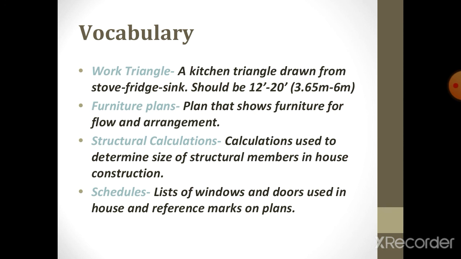Furniture plans: paano ka mag-arrange ng inyong furniture and what could be the most important furniture that you want to include in your design. Next is the structural calculations. It's something to do with the structural numbers of your construction and the schedules of the doors and windows as you prepare your plan.